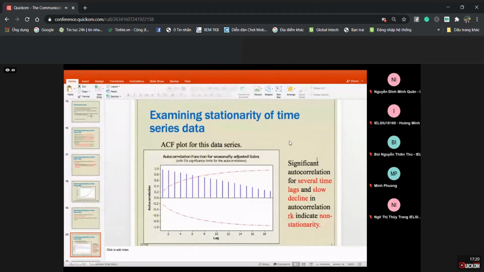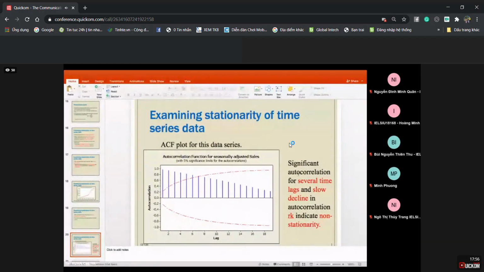Another thing you should consider is the ACF, the autocorrelation function. For the autocorrelation function, you can see that it is significant for several time lags and declines slowly, right? Slow decline.